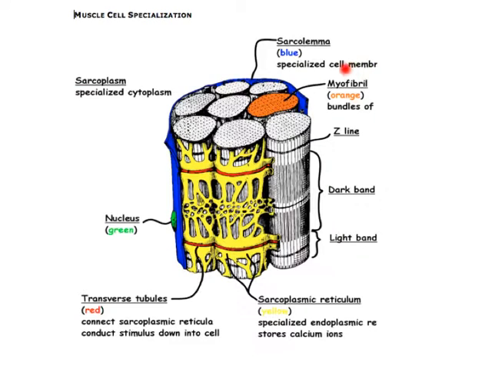A myofibril is a bundle of filaments. It is the individual unit of contraction in a muscle cell. Each muscle cell has several myofibrils, which then have even more bundles of fibers that are going to expand and contract and allow the muscle to do what it wants to do.